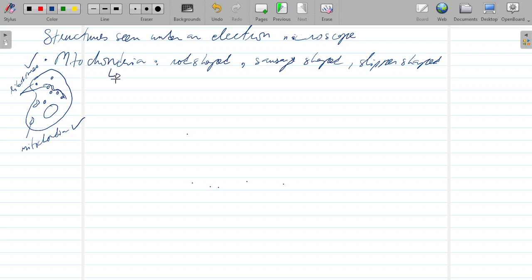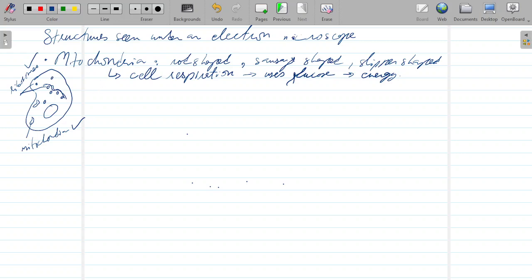The mitochondria is responsible for the process of cell respiration. Cell respiration uses sugars or glucose to provide the cell with energy. Again, we will cover this in more detail later.